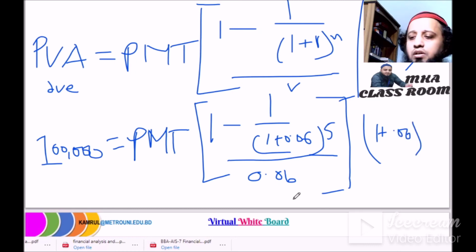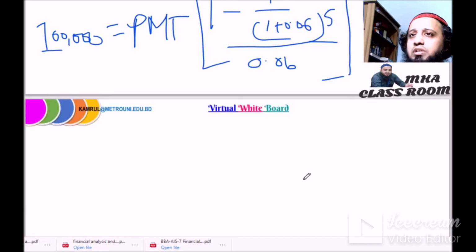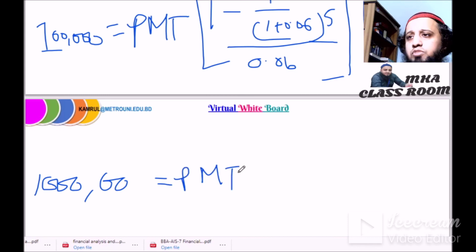Now if we solve this problem, then we will have 1 lakh equal to PMT.